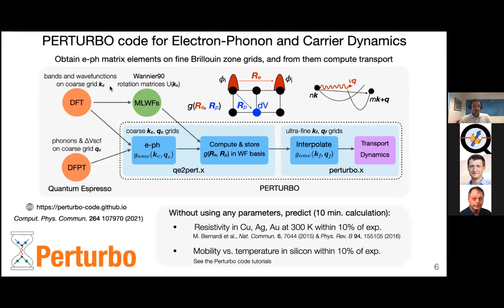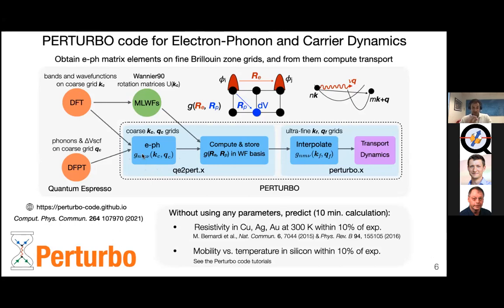My group has developed an open source code called Perturbo to carry out these calculations efficiently. In particular, starting from inputs from density functional theory, such as the electronic band structure and wave functions, and from linear response DFT, from which we can obtain the phonon data. In Perturbo, we can efficiently compute these electron-phonon matrix elements.